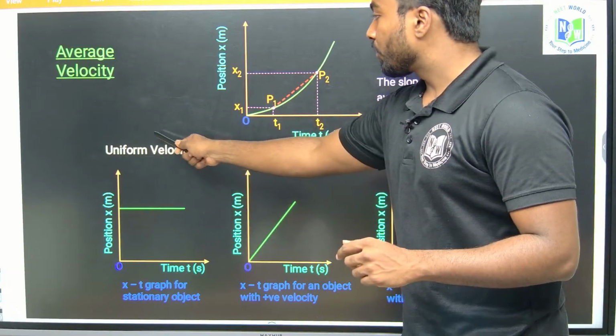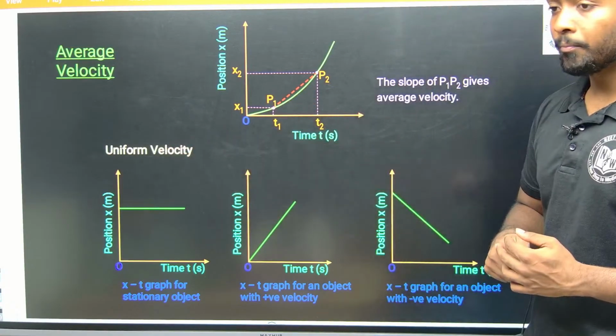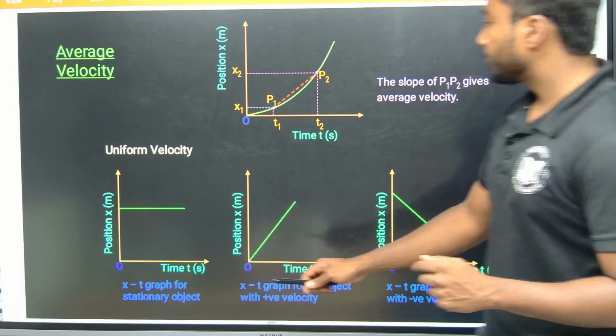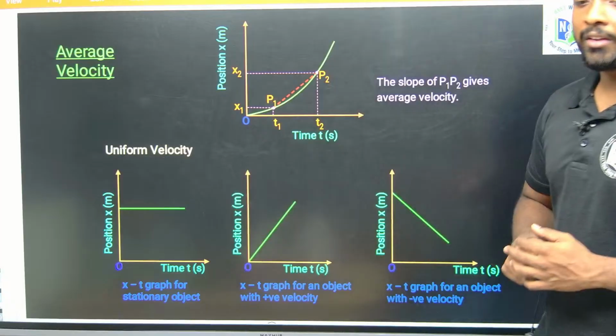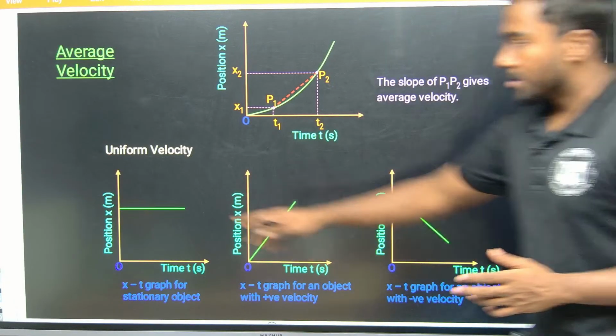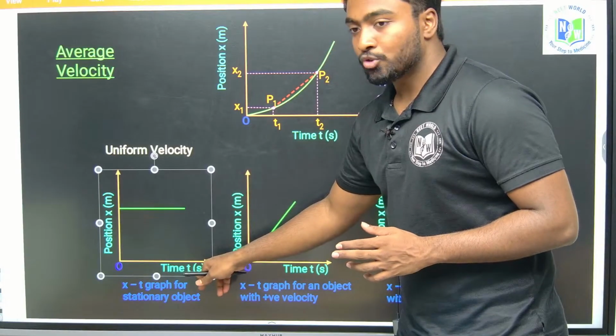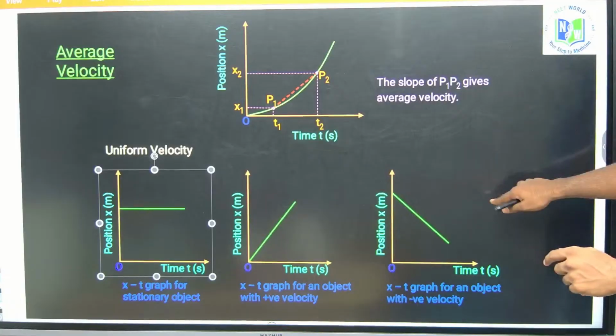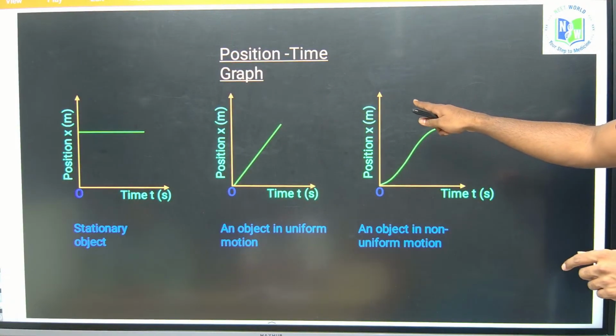Velocity is nothing but displacement by time. So position with respect to time should be the graph, right? In the previous case it was the position time graph.